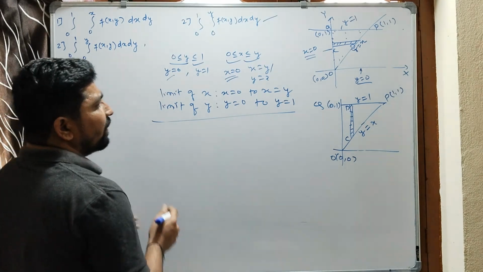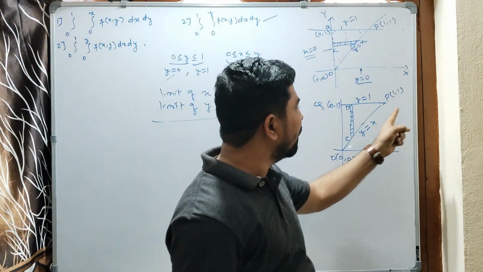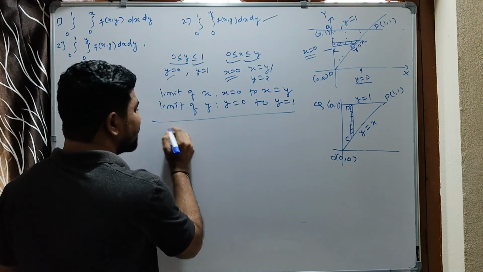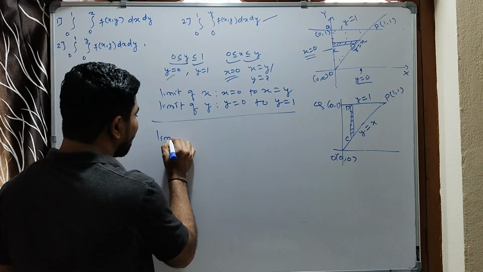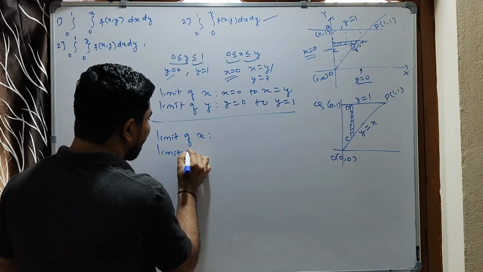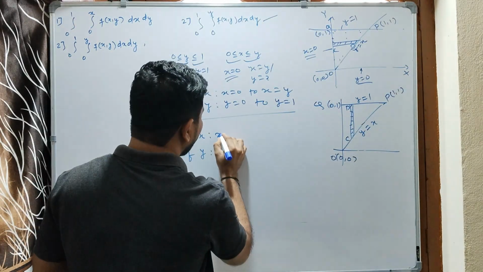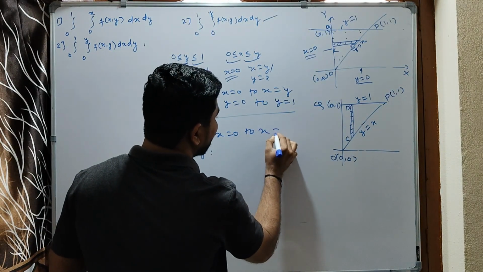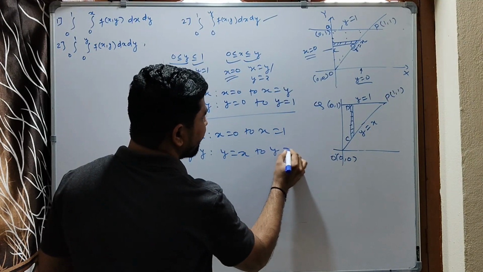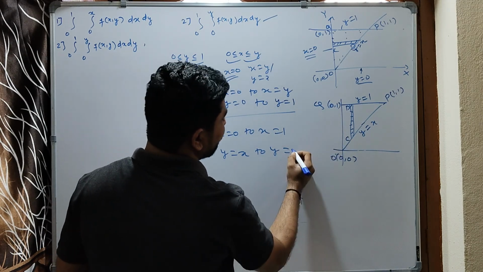So the limits of x are x equal to 0 to x equal to 1, and the limits of y are y equal to x to y equal to 1. Therefore my region is the same.